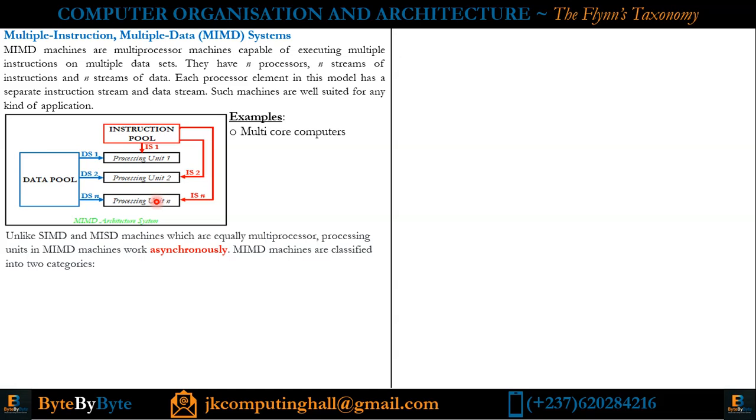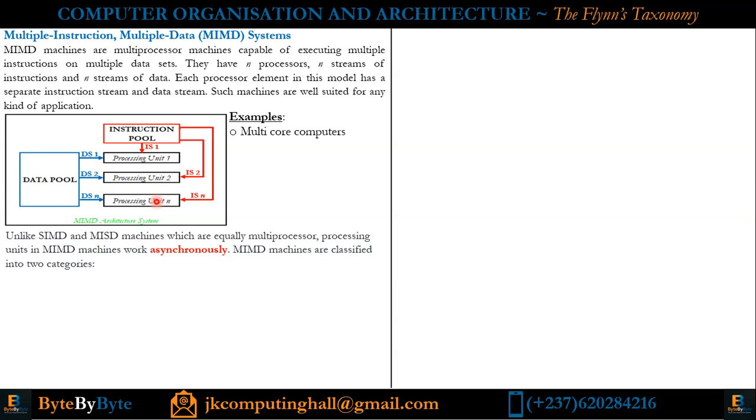That is why it is equally called a sequential or serial machine. The three others are all multiprocessor machines. Out of these three, there is one which differentiates from the two others. Unlike SIMD and MISD machines, which are equally multiprocessor, processing units in MIMD machines work asynchronously.